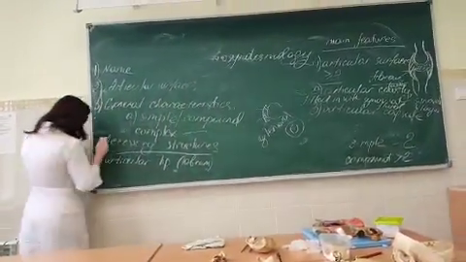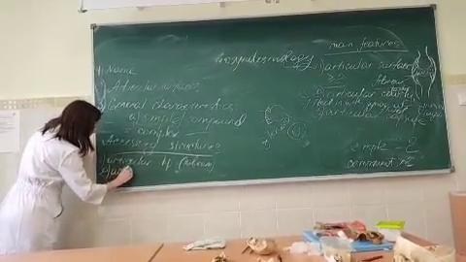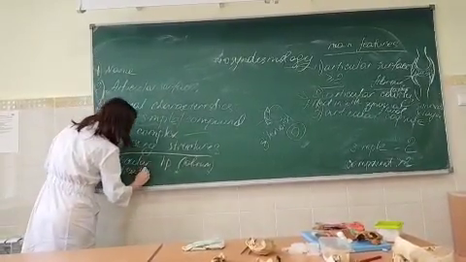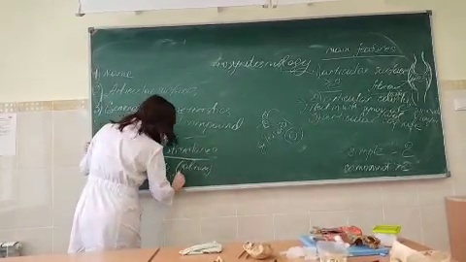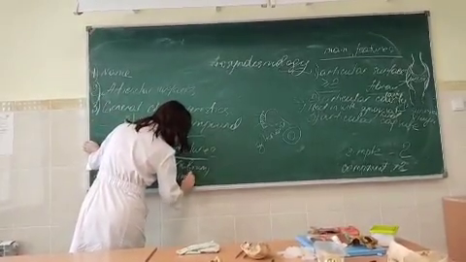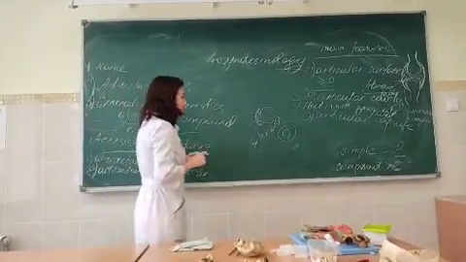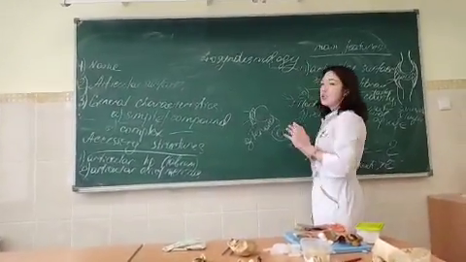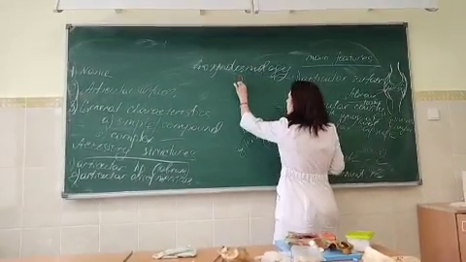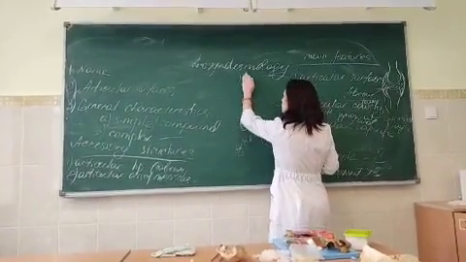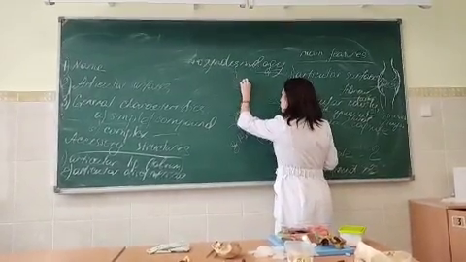Okay, this is the first. The second accessory structure is the articular disc, or meniscus. So the articular disc is also a cartilaginous structure. It is also formed by cartilage, but it is located between two articular surfaces.